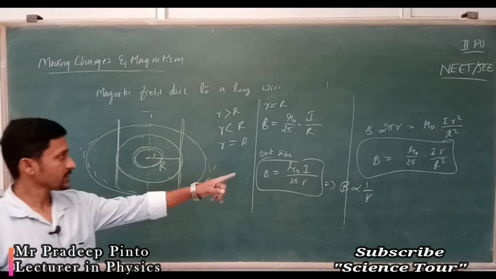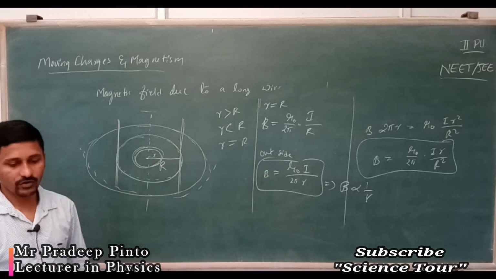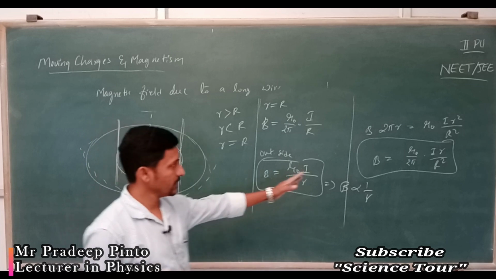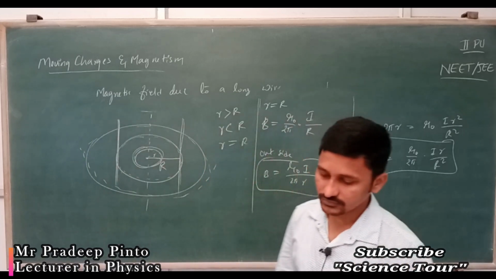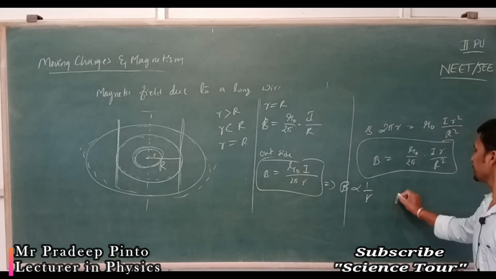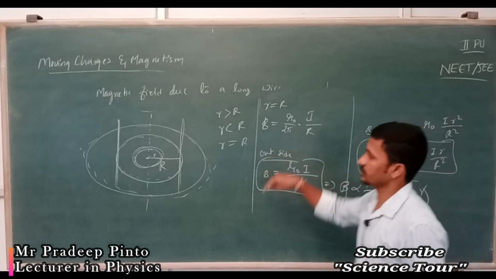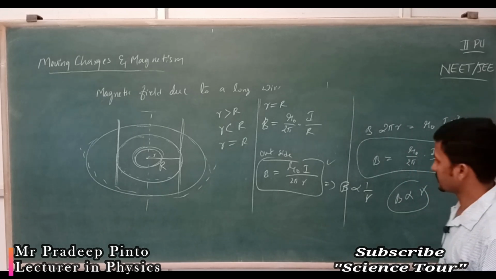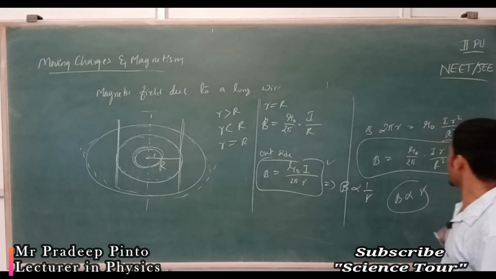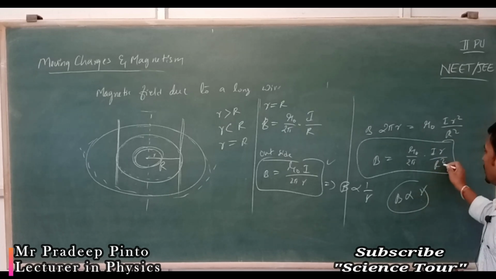On the surface it is this, outside the surface it is this, and inside the surface it is somewhat like this: B is directly proportional to r inside. These are the three formulas: inversely proportional outside, directly proportional inside, or somewhere it becomes 0 inside.